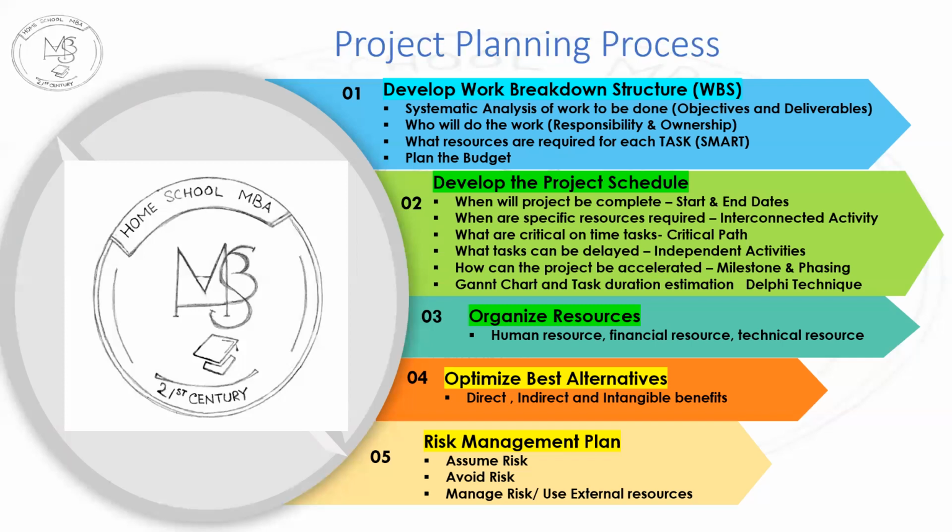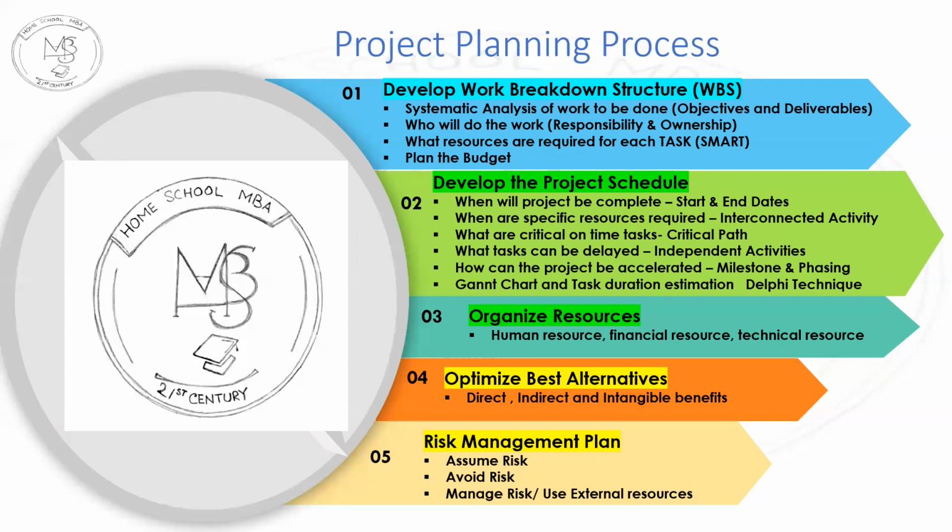And then is the interdependent activity. Now, interdependent activity is that one activity is an output for the next activity's input. For example, you cannot put the roof unless you have raised the walls. So that means that putting the roof is interdependent on walls.